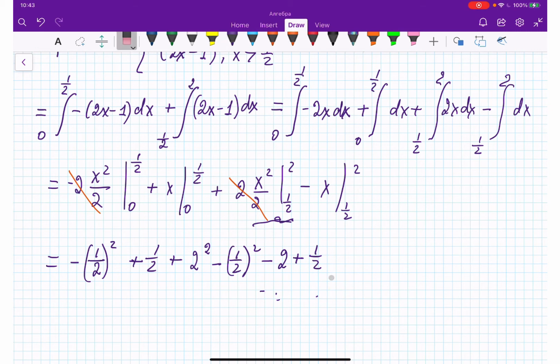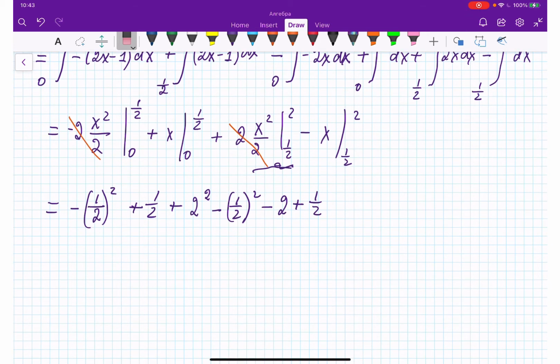All right, let's calculate. We got negative 1/4 plus 1/2 plus 4 minus 1/4 minus 2 plus 1/2.